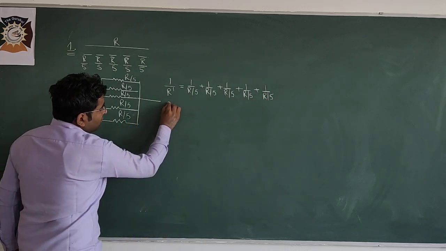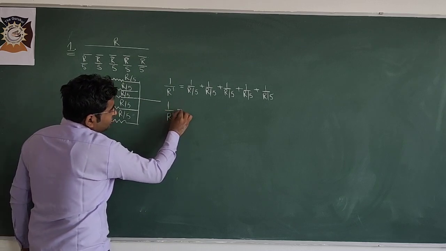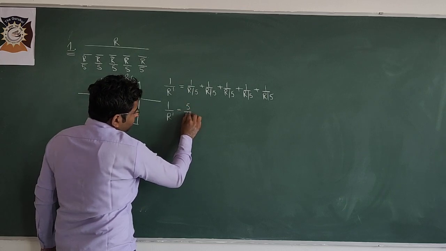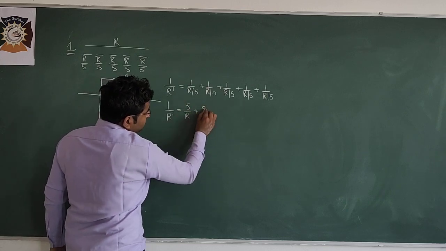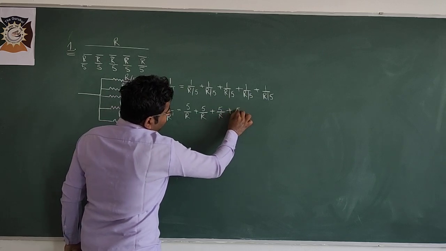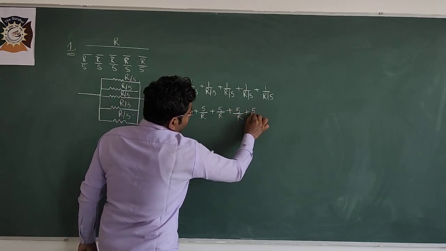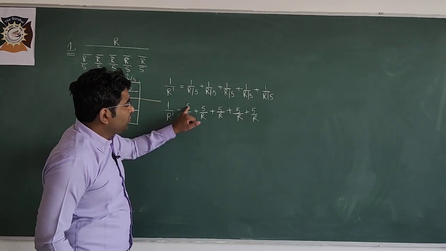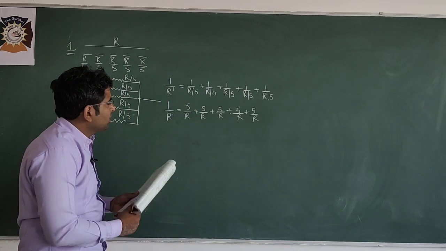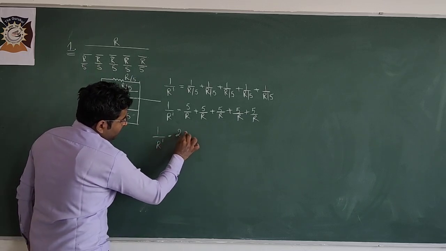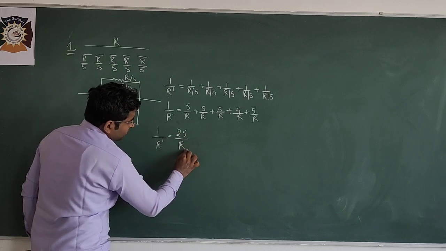Clear? So 1 by R dash is equal to 5 by R, 5 by R, 5 by R, 5 by R and 5 by R. Clear? Then it will become 25 upon R. So 1 by R dash is equal to 25 by R.